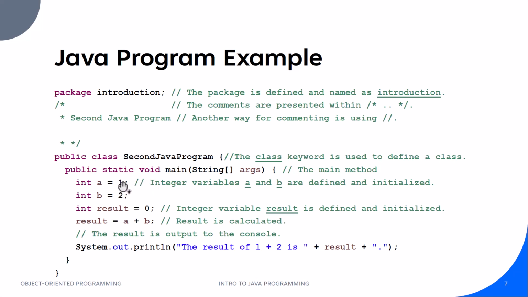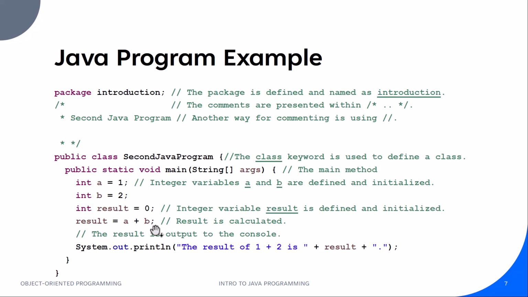Now, there are 2 variables such as a and b, and they are initialized to 1 and 2 respectively. And there's another integer variable. The name of the variable is result, which is defined here and initialized to 0. And with this statement, the result is calculated.